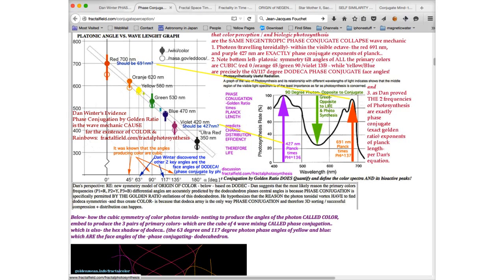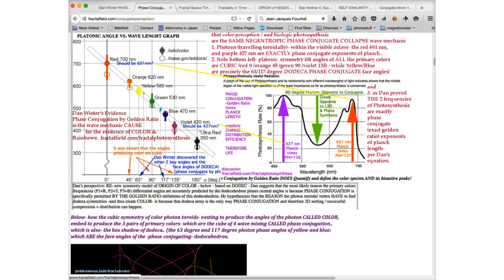And it had already been known that if you then mark the primary colors on that octave of the visible spectra, and you realize that color is merely a photon shaped like a torus, and that if you measure the angle of the tilt of that torus, that is called color.